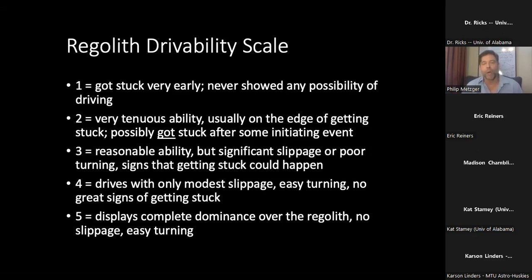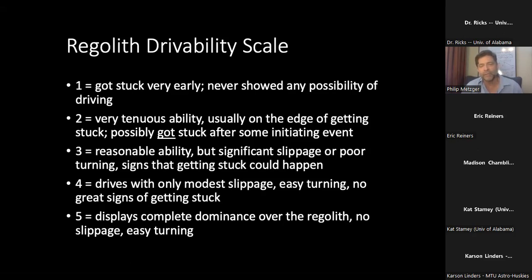Okay, so a 1, it can't drive. 2, very tenuous driving ability. 3 means reasonable ability to drive, but still there was significant wheel slippage or poor turning. You could just see that the vehicle was struggling a little bit, and there were signs that getting stuck might happen. It doesn't necessarily get stuck, but you think it could get stuck.